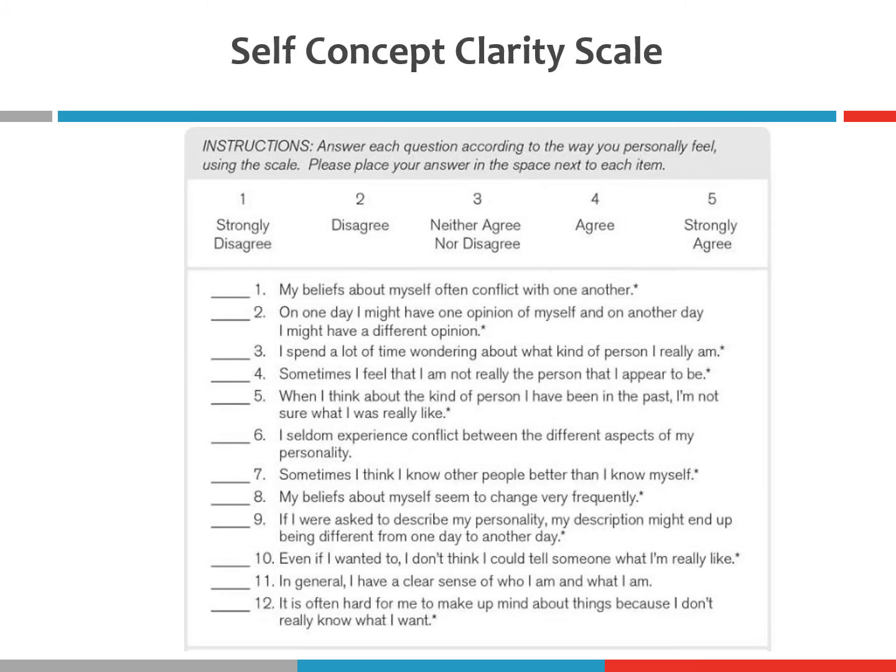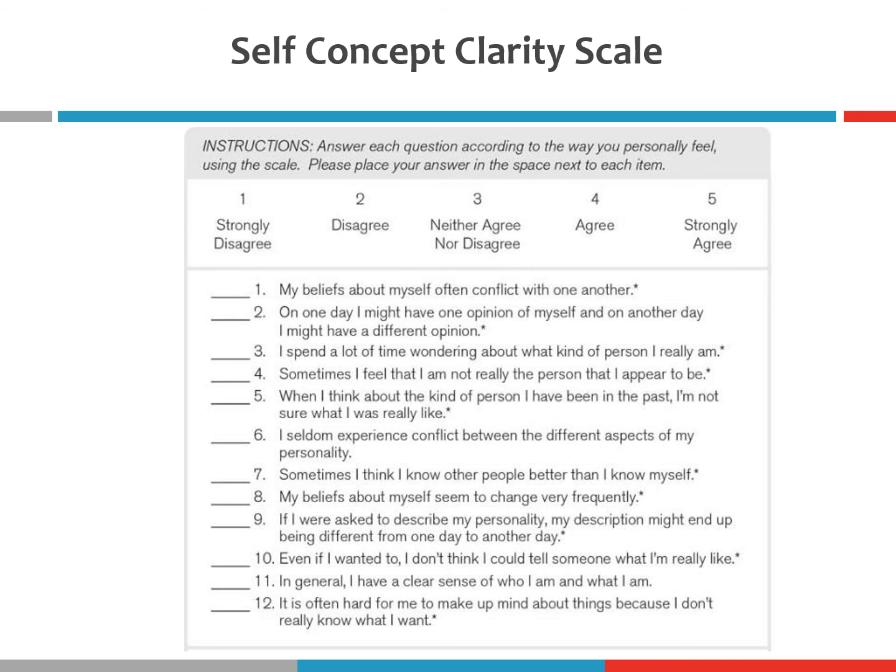Okay, so here is the self-concept clarity scale. So if you were a respondent filling out this questionnaire, your instructions would be to answer each question according to the way you personally feel using the scale. So you would place an answer in the form of a number next to each question, right?